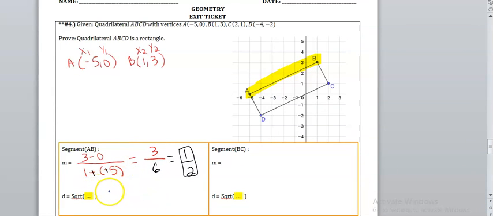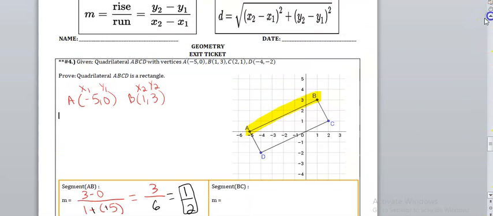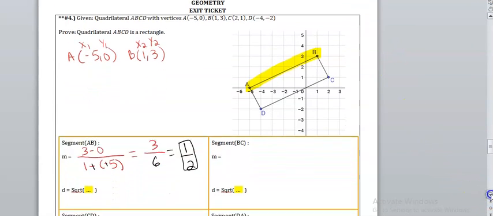To find the distance, remember based on the formula above, it says x2 minus x1 squared plus y2 minus y1 squared. A simpler way to see it is you take the bottom numbers and bring them down here and square them.